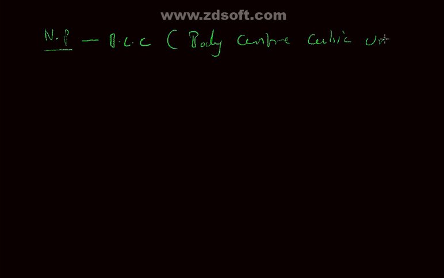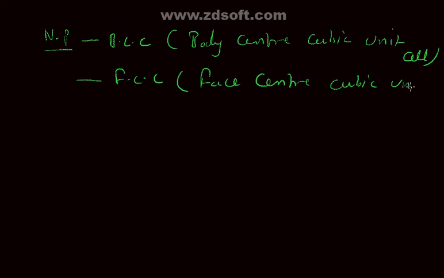Now next, let's talk about the non-primitive unit cell. In non-primitive, we have first BCC, which is also called body centered cubic unit cell, and further FCC, which is called face centered cubic unit cell.